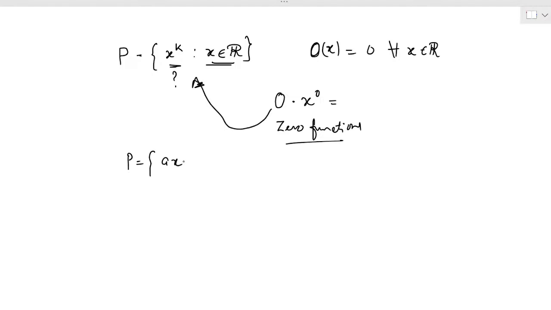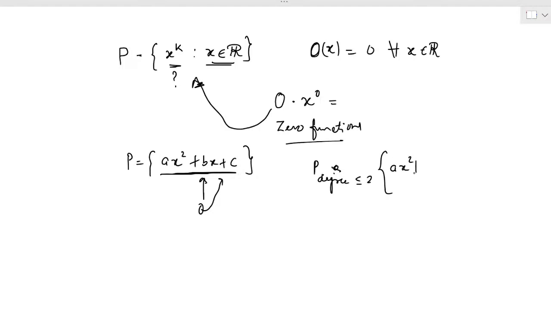It implies I will have this only, ax square plus bx plus c. Right? Only this. But when I'm saying that 0 is contained here, how come 0 is contained here? 0 is not contained here. If I'm saying polynomials of degree less than or equal to 2, then it is fine. Then I'm talking of this space where you have ax square plus bx plus c, you have mx plus c, and then you have some constant functions.